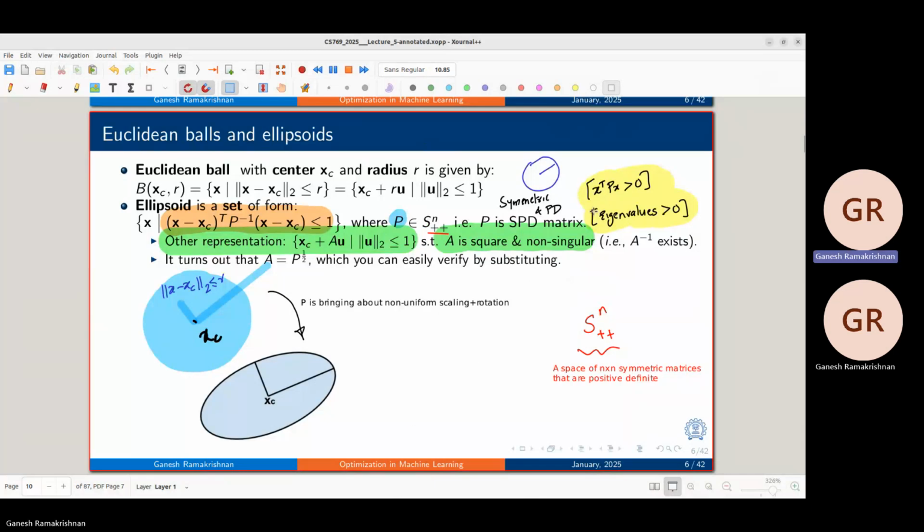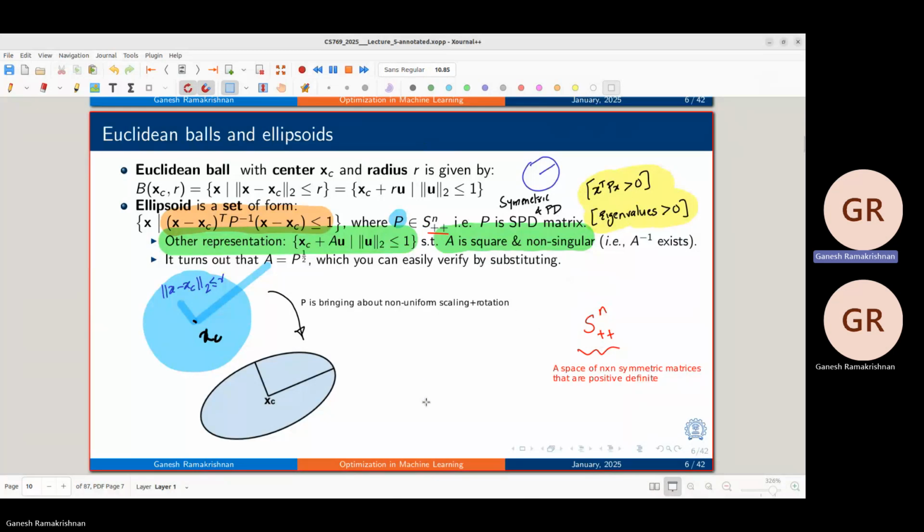The connection can be easily seen. If A is non-singular, then you can show that x transpose Px will always be greater than 0. Vector transpose P times vector will always be greater than 0. That means all eigenvalues are greater than 0.